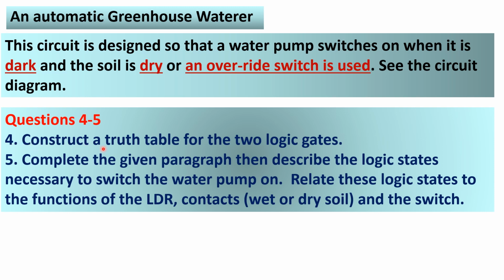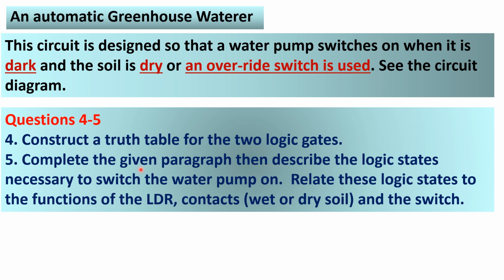First, you have to construct a truth table for the two logic gates, right? So, as soon as you have the truth table for the two logic gates, you can work on your task by completing the given paragraph, okay, which we shall see in a little while.